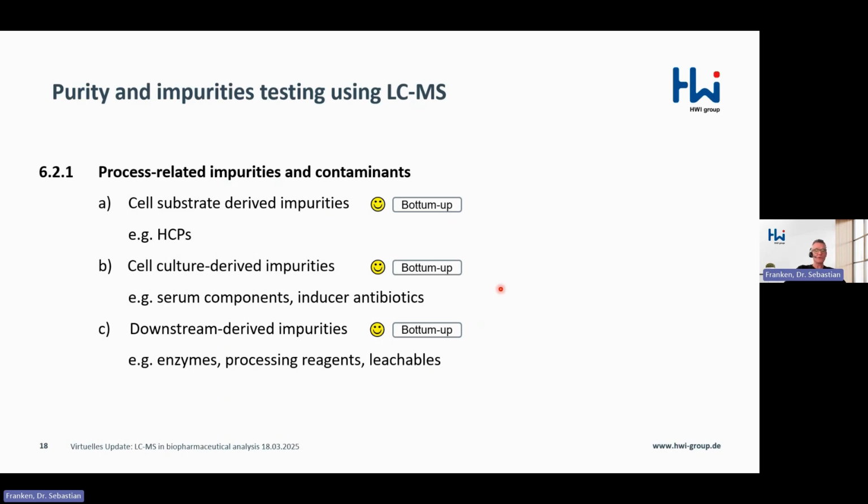And also downstream derived impurities, like the enzymes, but also leachables, which we already check for a long time with LC-MS, are seen in the bottom-up mode. So LC-MS is perfectly suited to check the purity of your product.